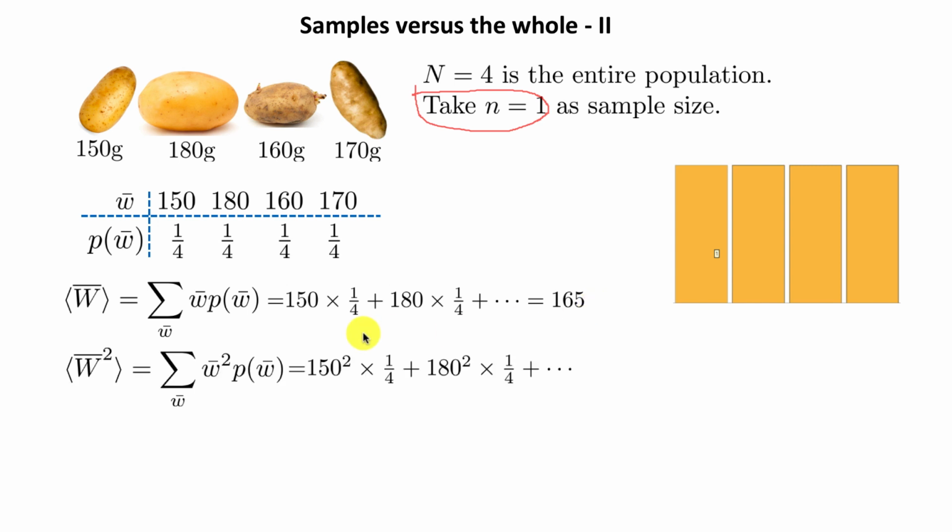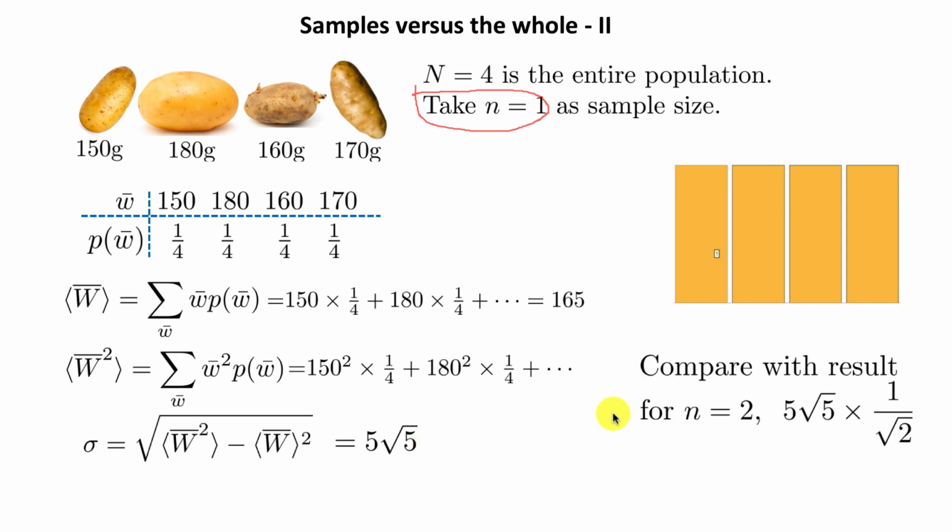However, if we now look at the average of the square of W, then we put 150 squared over here instead of 150, 180 squared instead of 180 here, and weight them with the probabilities 1/4, 1/4, etc. Do a little bit of calculation, and we find that the standard deviation is 5 times the square root of 5.